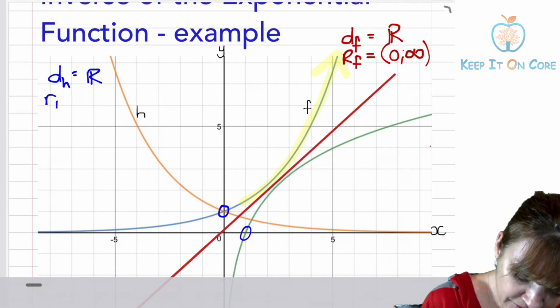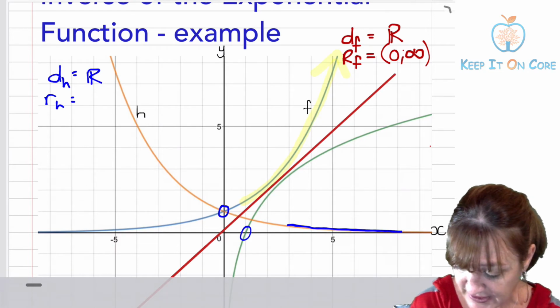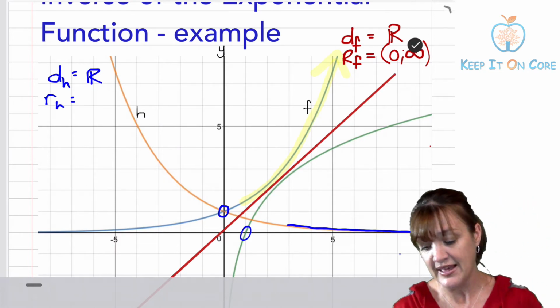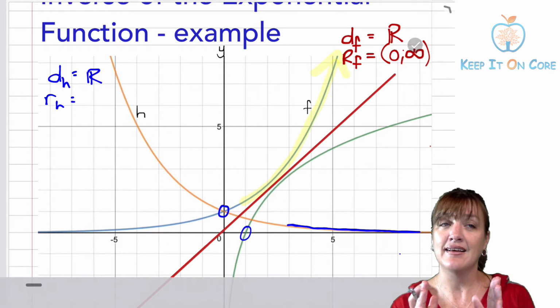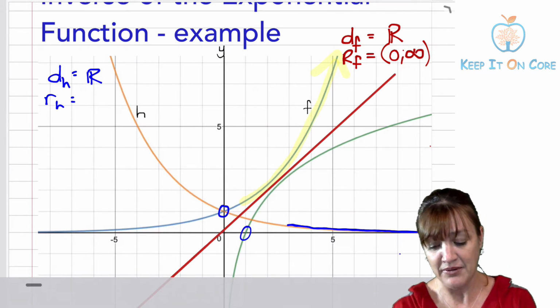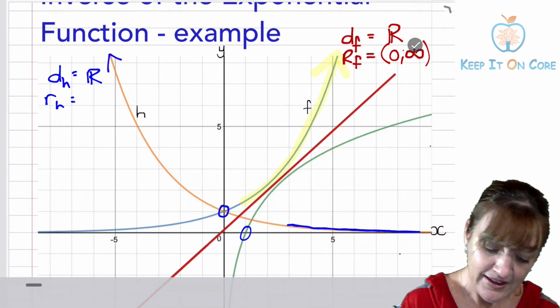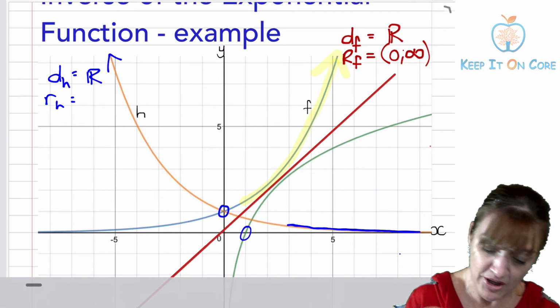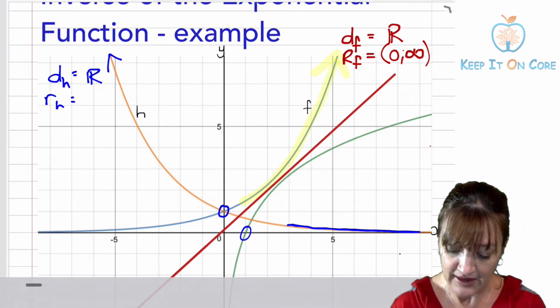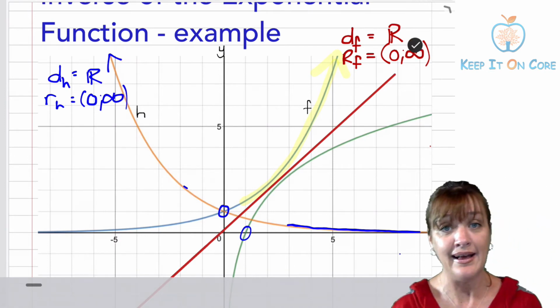The range of your graph h, well, again, it's getting very, very close to 0 as it goes down on that side over there, becoming telescopically close to 0, but it will never actually get there. However, it will continue infinitely going higher and higher from that side. So once again, it would keep the same order: from 0 to infinity on your y-axis.